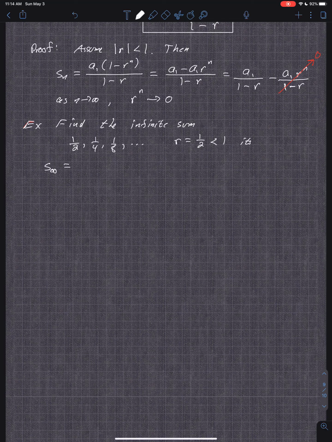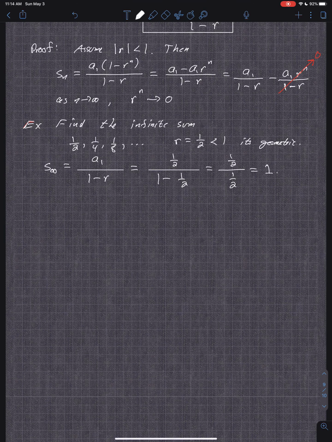Okay, so S sub infinity is a1 over 1 minus r. So finish that. What's the first term? What is r? Substitute and simplify. So you should get 1/2 over 1 minus 1/2, which is 1/2 over 1/2, equal to 1. So sure enough, it does go to 1.